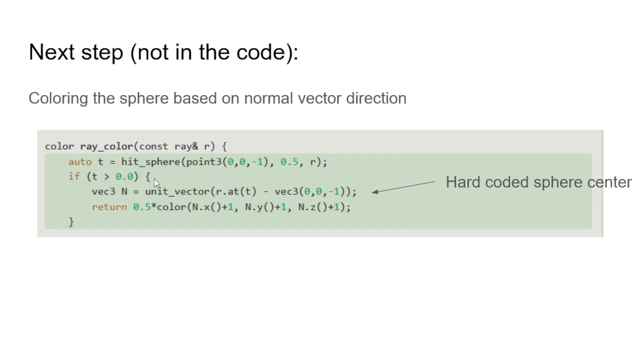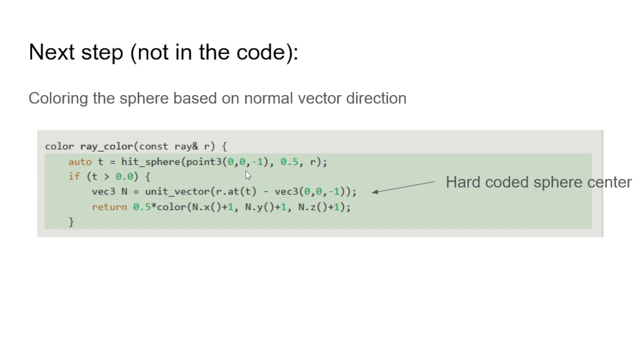Basically, we have this hit sphere function we had from earlier. We're going to get the normal vector, which is basically where we hit the sphere along the ray, minus the sphere center, which is right here, x0, y0, -1, so right in front of the camera at 0, 0, 0.